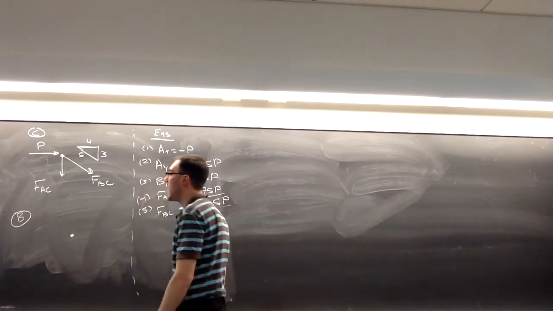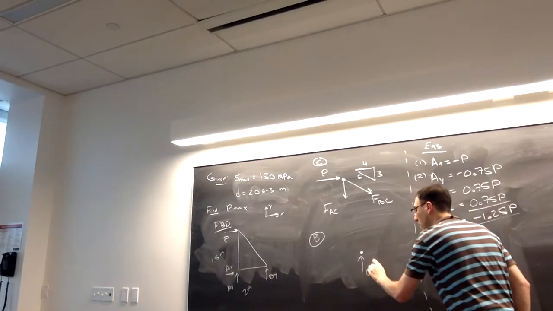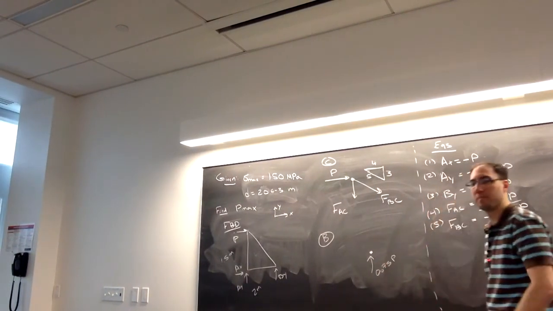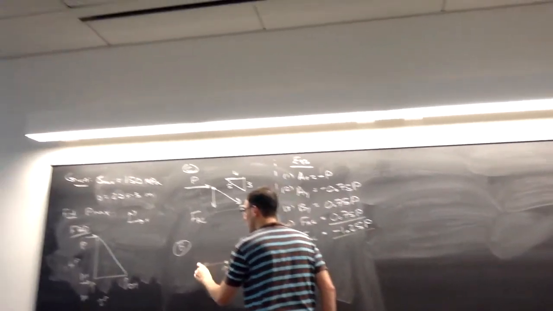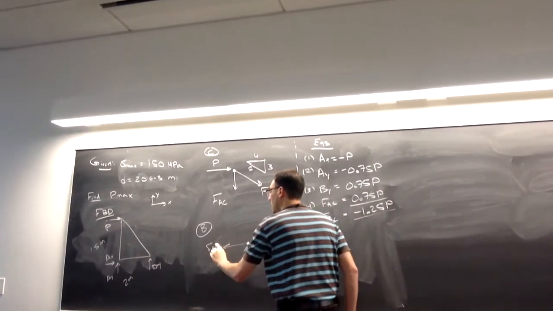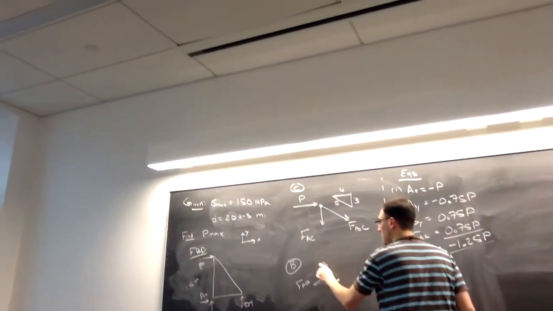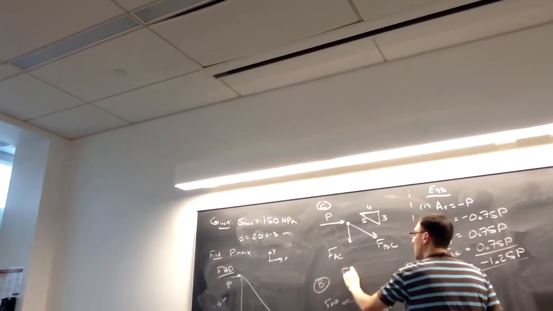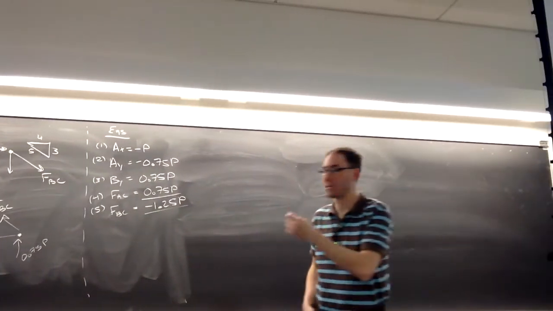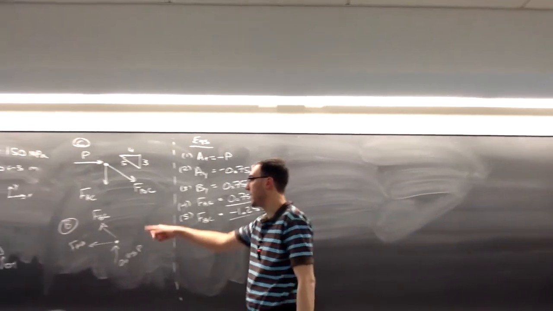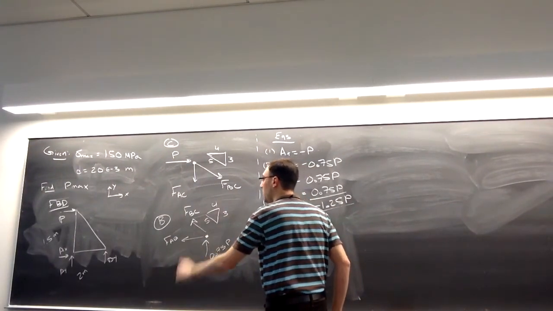So on point B, I have BY, which I found was 0.75 times P. I have the force in AB to the left, and then the force of BC up and to the left because I already made the assumption of tension, or I'm always making the assumption of tension. So it's pointing in this direction also at that same angle, 3, 4, 5.